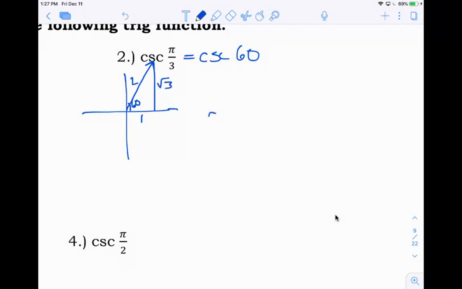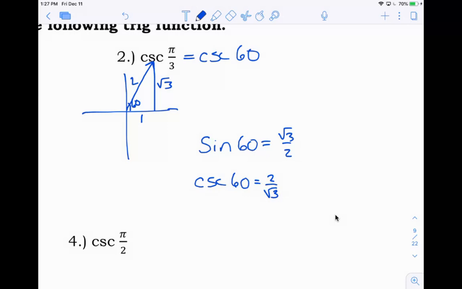And so cosecant, well, I know cosecant already has a co in it, so this must be the inverse of the one that doesn't have co, sine of 60, which would be root 3 over 2. So the inverse of that, cosecant of 60, is going to be 2 over root 3. But I've got to rationalize that, meaning multiply by root 3. In other words, 2 root 3 over positive 3 would be my answer.